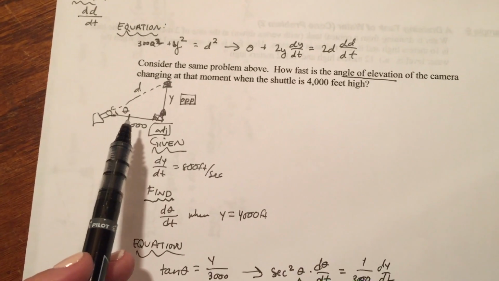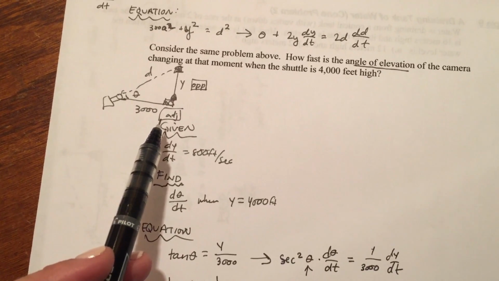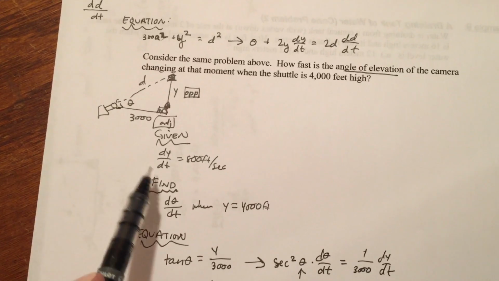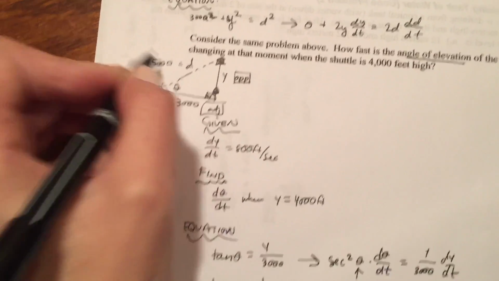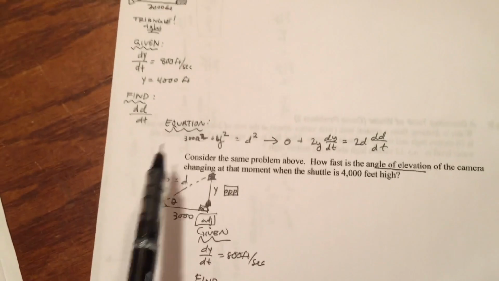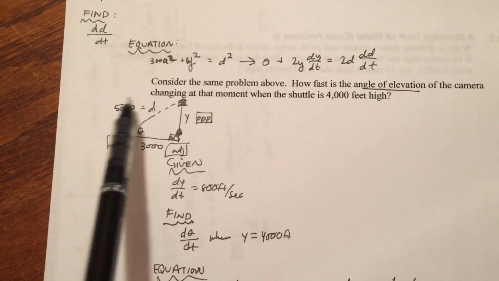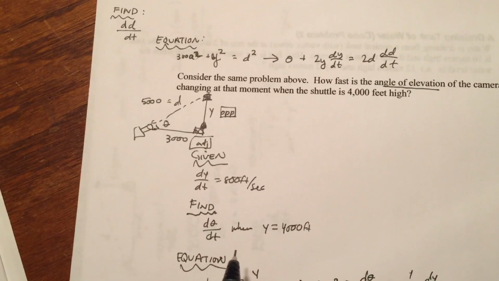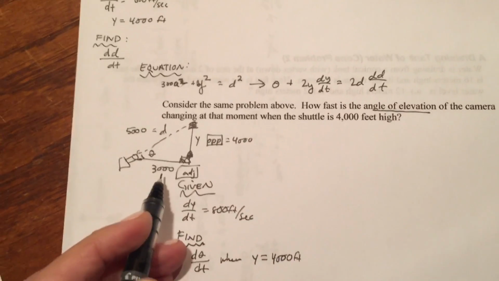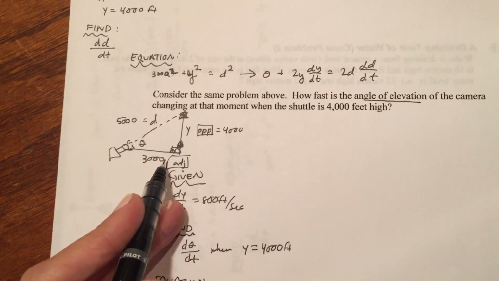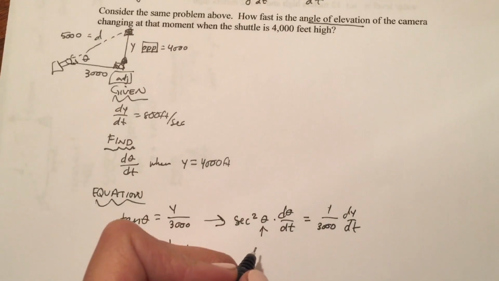If I have a triangle, I can use some trig, right? And so what was originally given to us was 5,000, right? Up here, that's what we found in that last problem. We found our d to be 5,000 when our y was 4,000, okay? Now, you have all the sides, so it doesn't matter what trig ratio you use to find theta, but I'm going to do this down here.